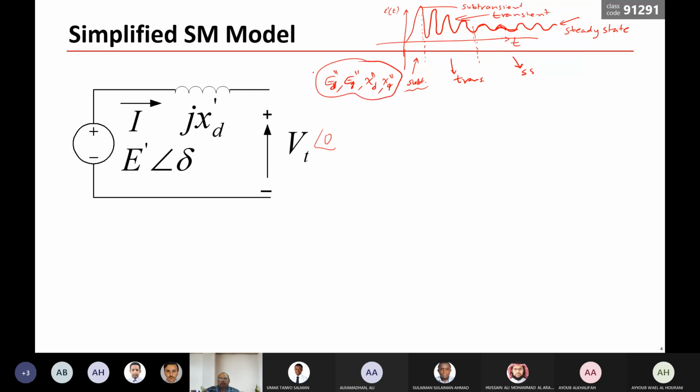One prime means the transient period: then you have XD prime, EQ prime, ED prime.